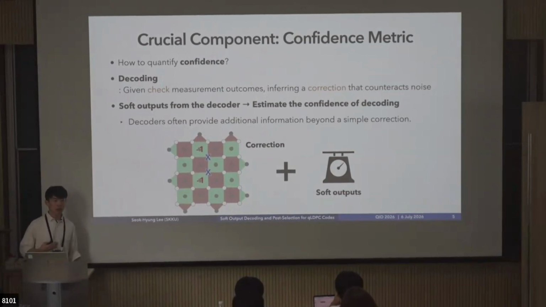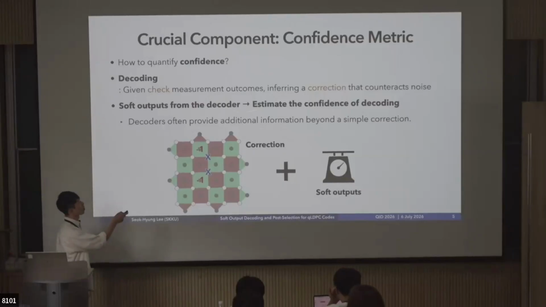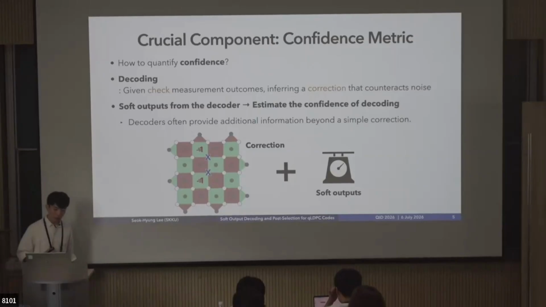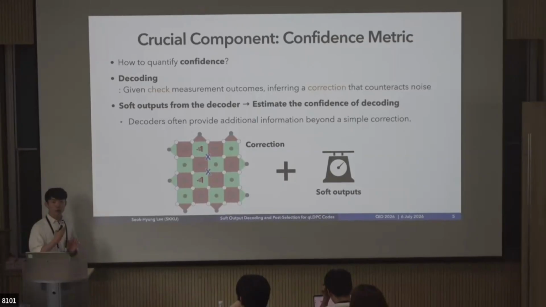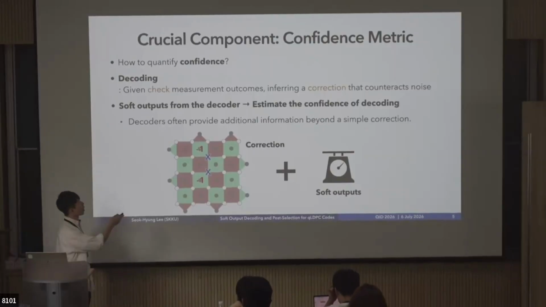In principle, this correction can be a logical correction, meaning which logical operation we need to apply. But in practice, we often aim to infer a physical-level correction. Many decoders produce more information than the bare correction, and we call them soft outputs or soft information.